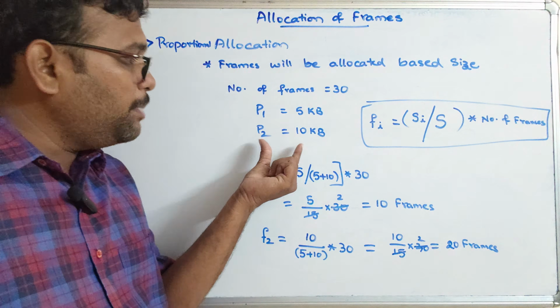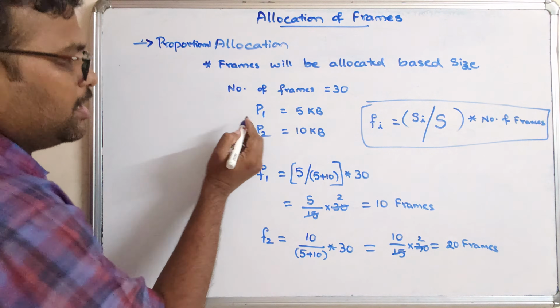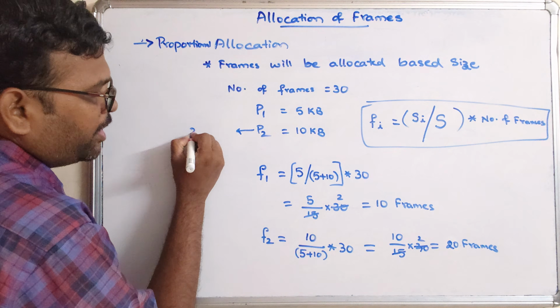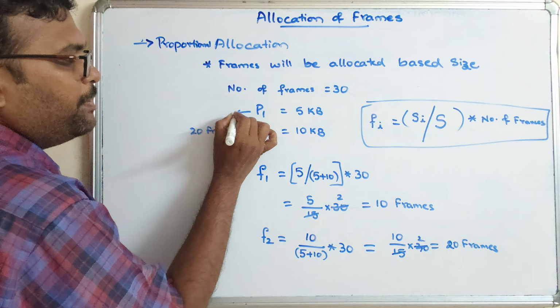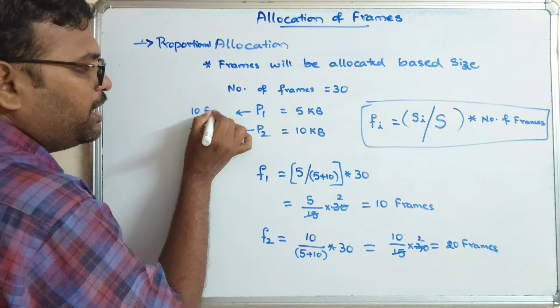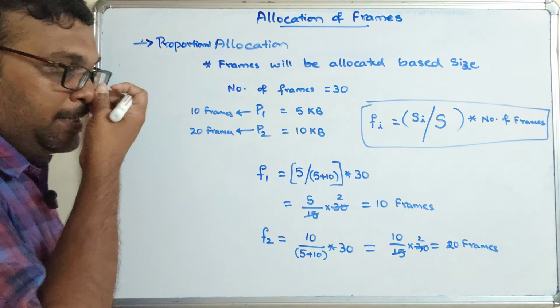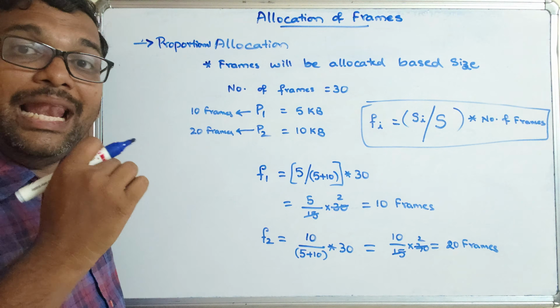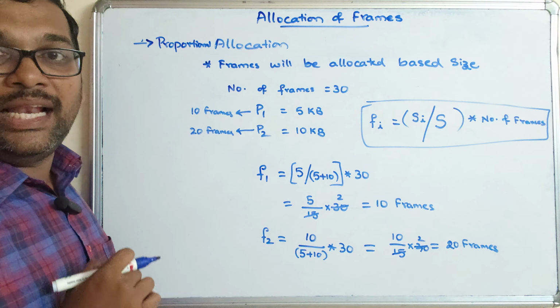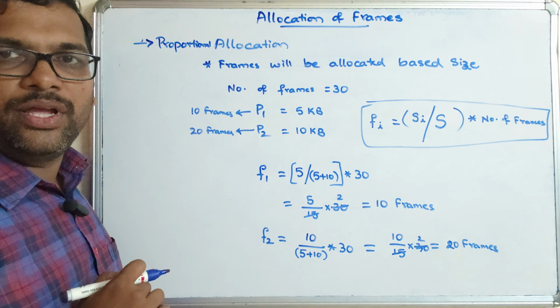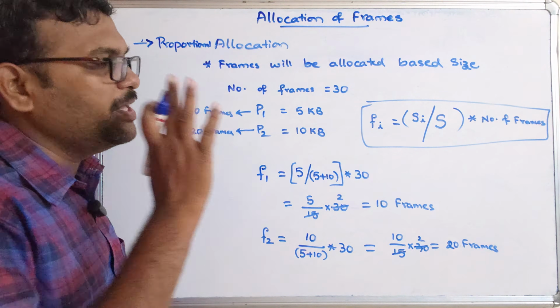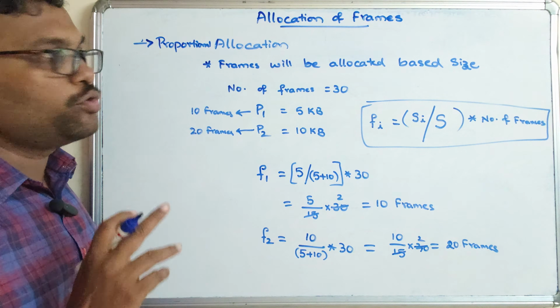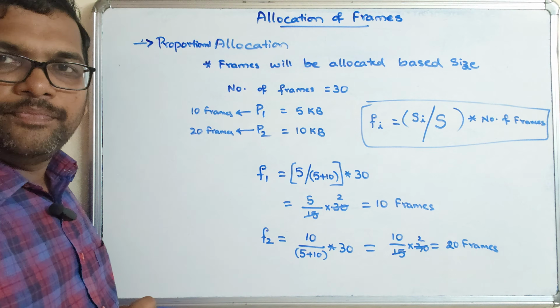So depending upon the size of the process, 20 frames have been allocated here, and for P1, 10 frames have been allocated. You can observe here there will be less memory wastage. So when compared to the first approach, equal allocation, proportional allocation is more efficient.